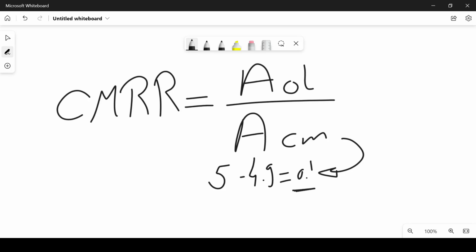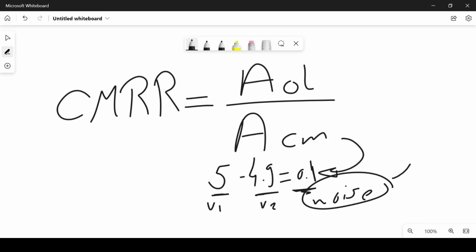So this is a very small value. These two signals, signal 1 and signal 2, are almost the same, so the difference between them is 0.1, a very small value, and this is going to be considered as noise. So the gain of this noise is the common mode gain.